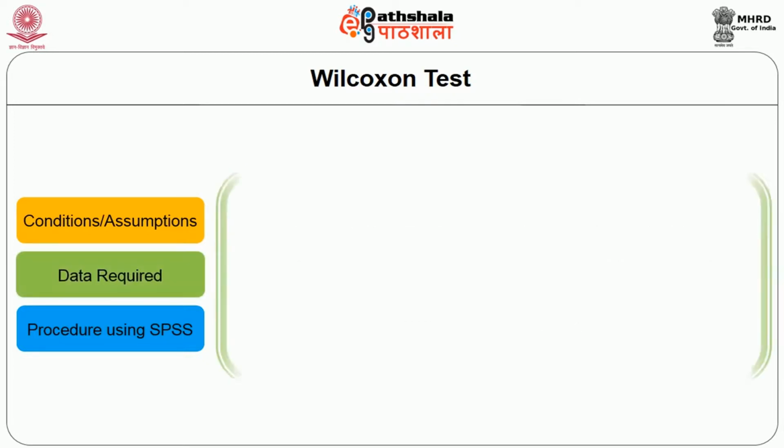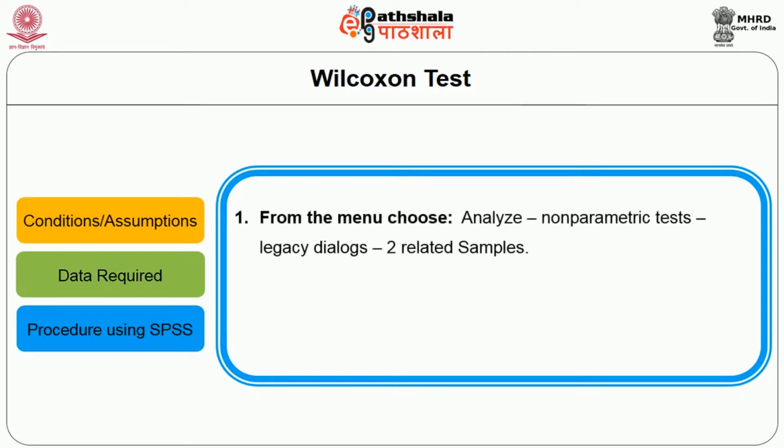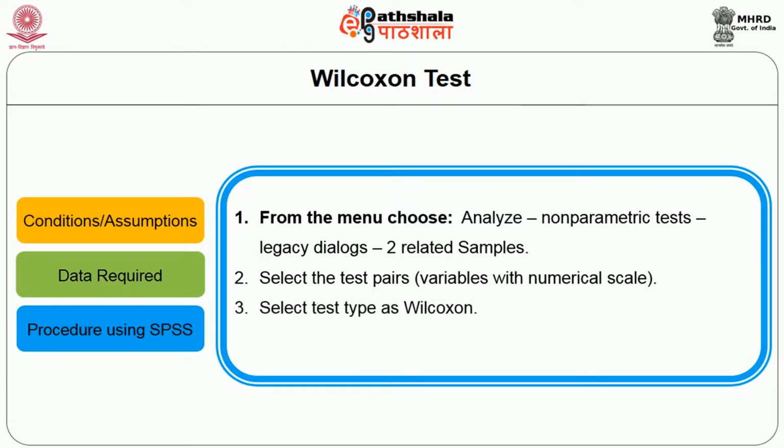The data required for this test is numerical data for the variables to be tested. Regarding the procedure using SPSS, from the menu, choose Analyze, Non-Parametric Tests, Legacy Dialogs, 2 Related Samples, and select the test pairs which have to be tested. Select the test type as Wilcoxon, then click OK.